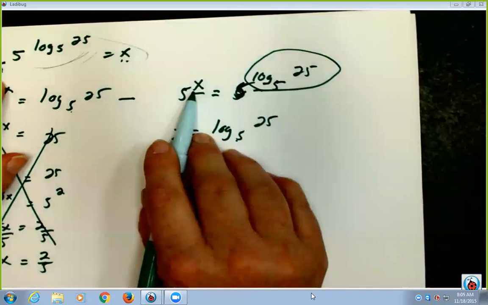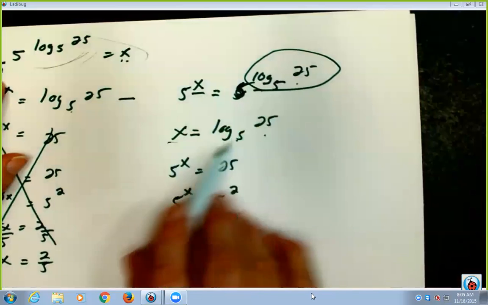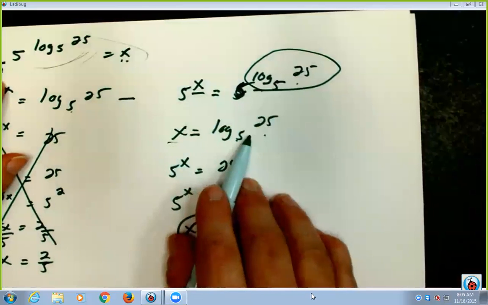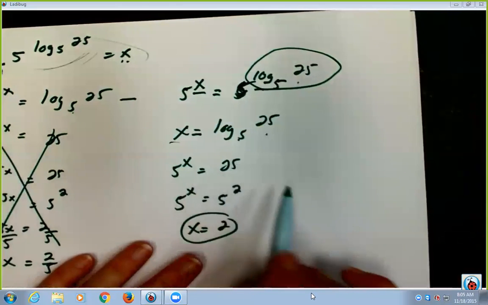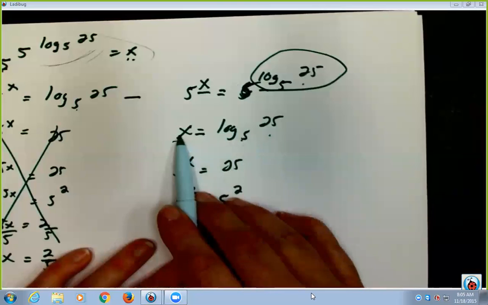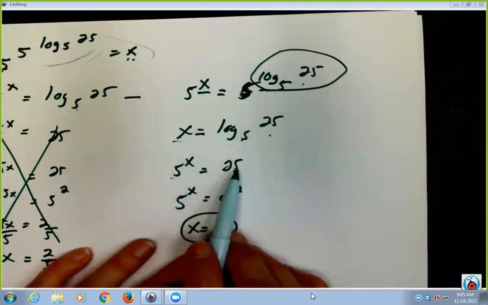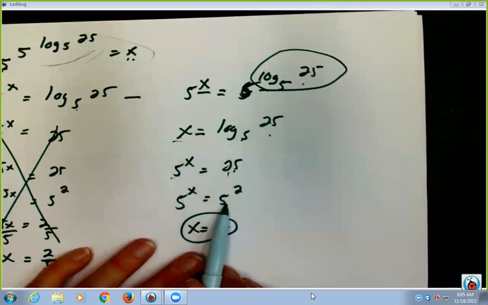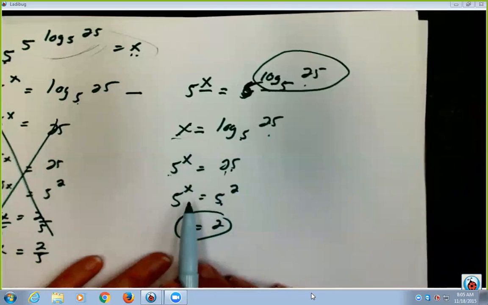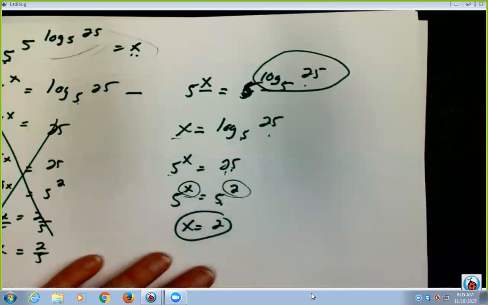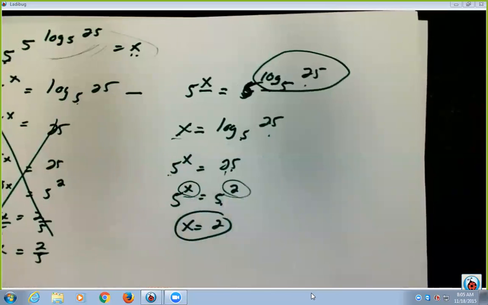So then I take this x and this piece, set those two equal to each other, and then I need to reverse it. So 5 to the x power is equal to 25. And then finally, take 25, break it down to 5 squared, and I end up with these two exponents equal to each other. So I get x is equal to 2.